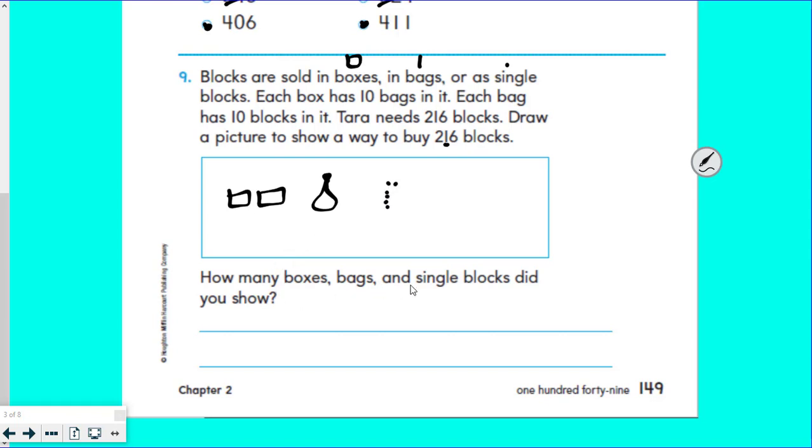Okay, so how many boxes, bags, and single blocks did you show? So I showed 2 boxes of blocks, right? And I showed 1 bag of blocks, right? 1 bag of blocks.